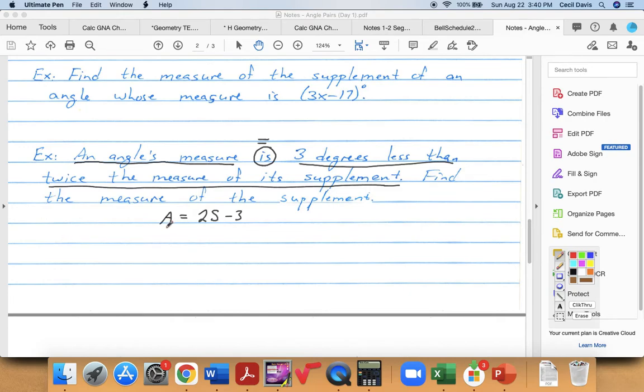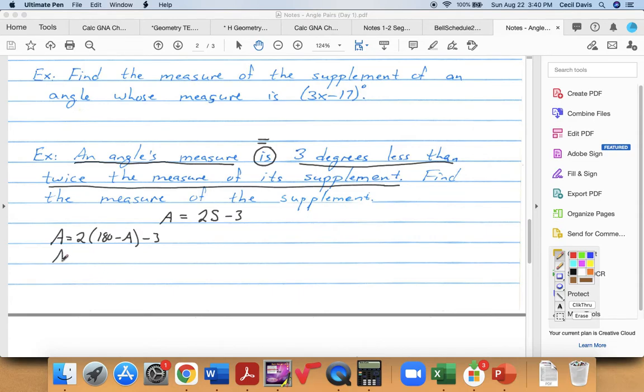The measure of the angle is A, so we can go A equals 2 times, and I'm going to replace the supplement with 180 minus A. And again, that's why you don't want to think the supplement is 180. The supplement is the angle that you have to add together to get 180, minus 3.